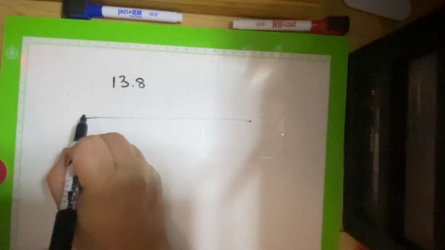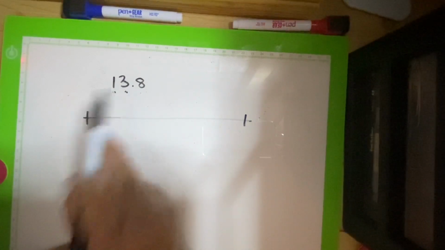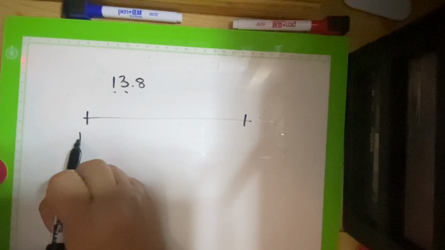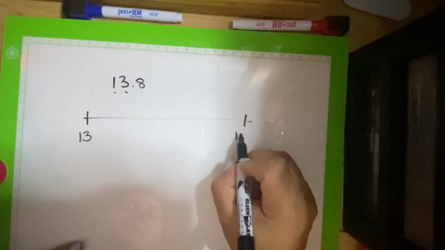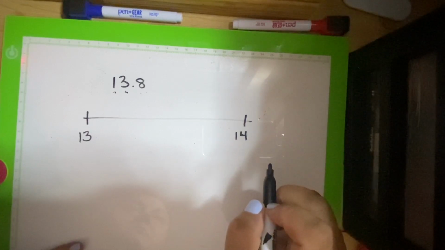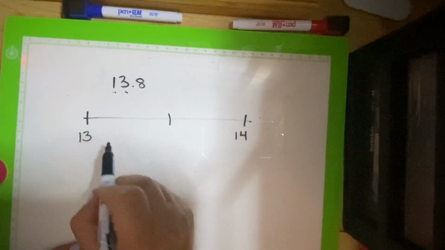on a number line, I have 13 right here, right? 13. My next one would be 14. This is the middle. We're going to make sure we have 10 spaces.